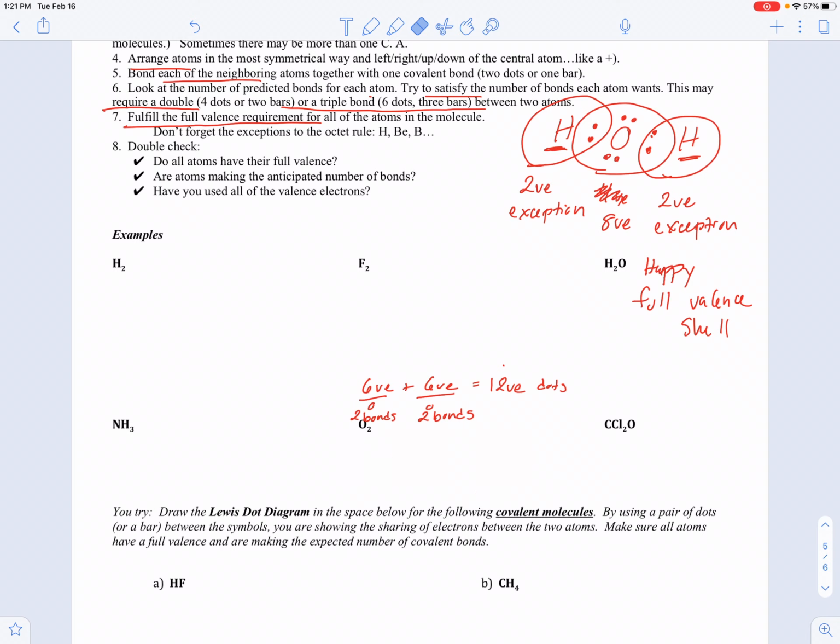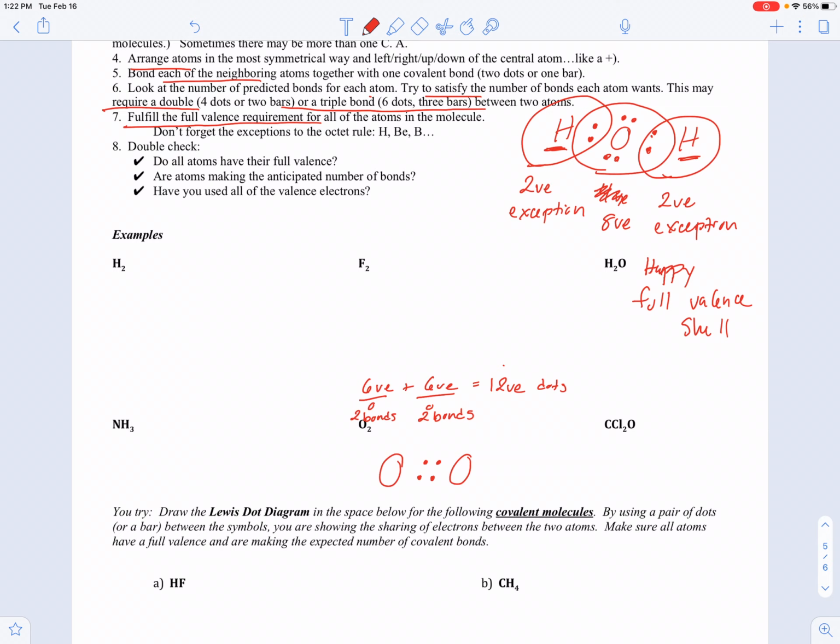So what I'm going to do instead is, what I already know is that both of my oxygens wanted to make 2 bonds. So I'm going to add another pair of shared electrons. So that's called a double bond. So 4 shared electrons means that it is now a double bond.